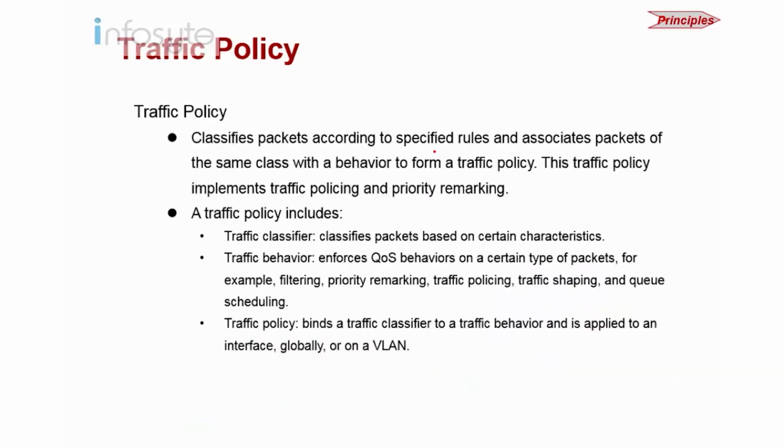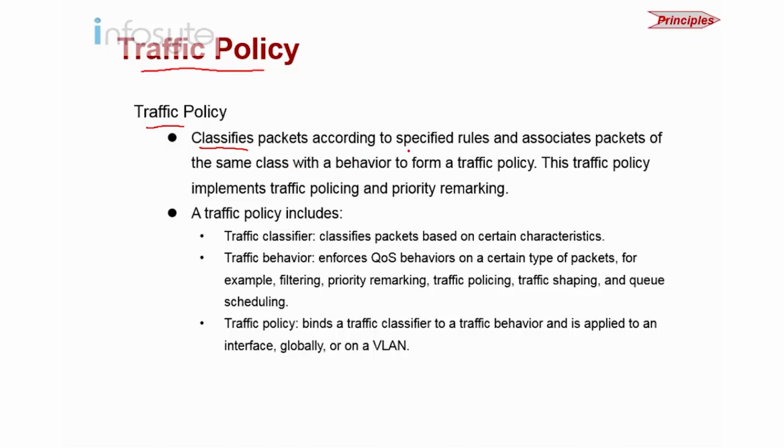Now all this we have to configure, and the configuration is based on the policy. Just now I mentioned that we have queuing management and queuing avoidance, and then we also have different methods of classification. The traffic policy allows you to do all this. Firstly, we have to classify the packet.